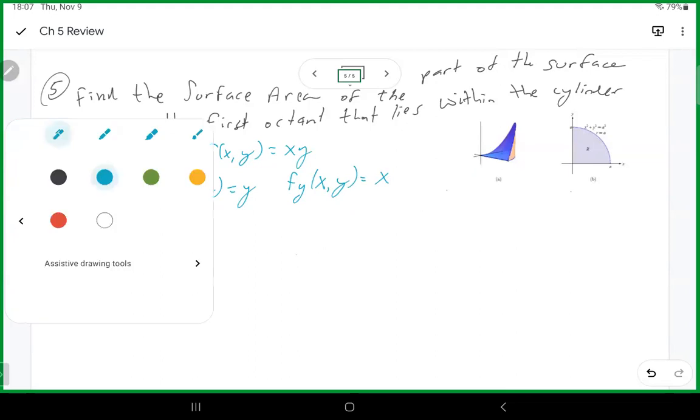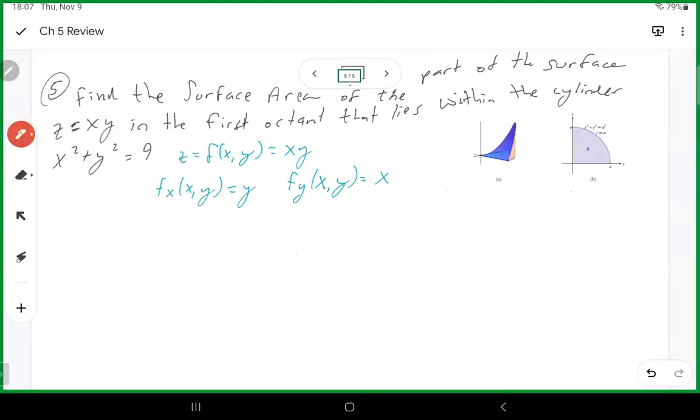So those are the partials. Since both partials are continuous on R, the surface area S is going to be found by a really disgusting looking formula, but you guys can handle it.